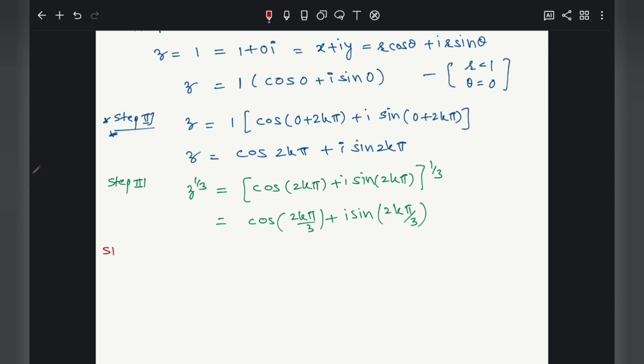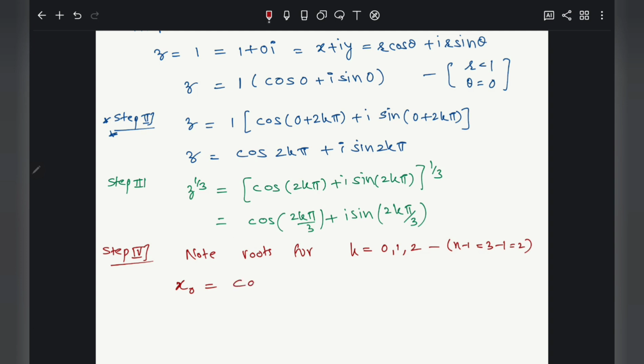And now the last step, step 4, that you have to write the roots. Note the roots for k varying from 0, 1 and up to 2, because n minus 1, I told you, here is 3 minus 1, that is 2. So 0, 1, 2. So here you can note that the first root, x0 or z0, you can write anything.